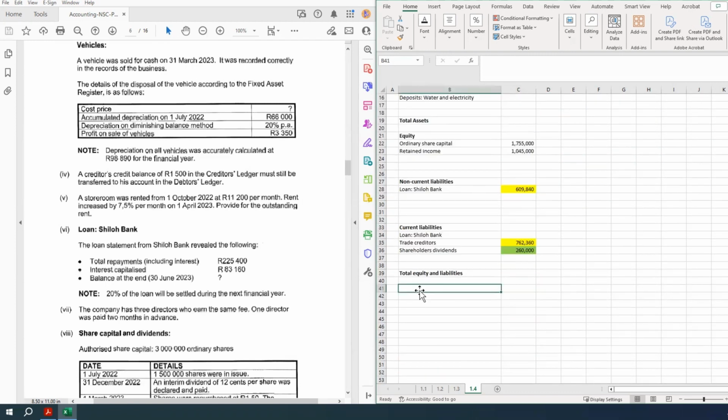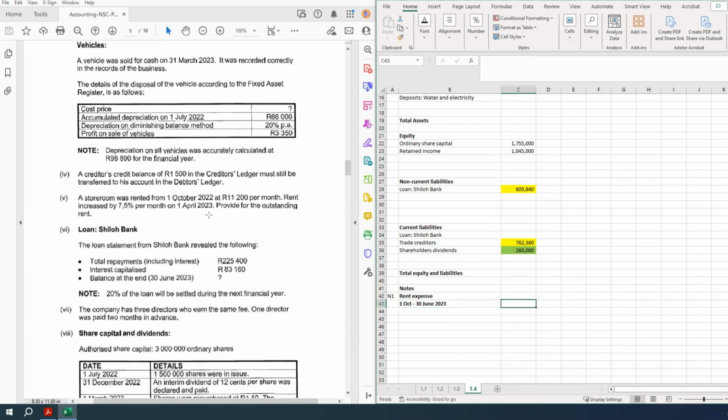So what I'll do is I'll just add my notes at the bottom. I'll just call this note 1, rent expense. Okay. And we know the storeroom was rented out from 1 October up until year end, right? So 1 October to 30th of June.